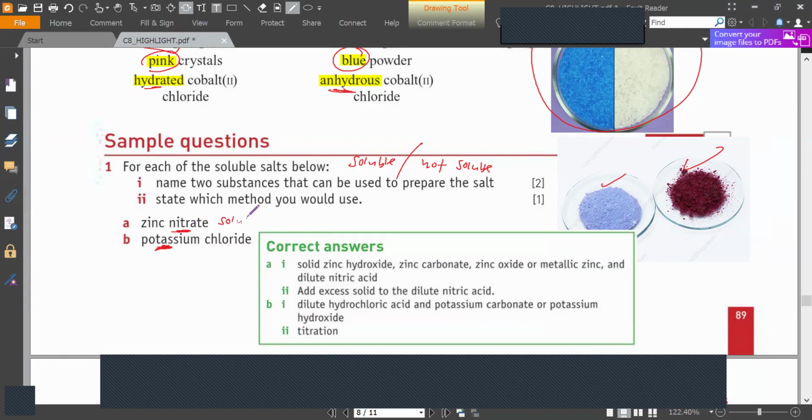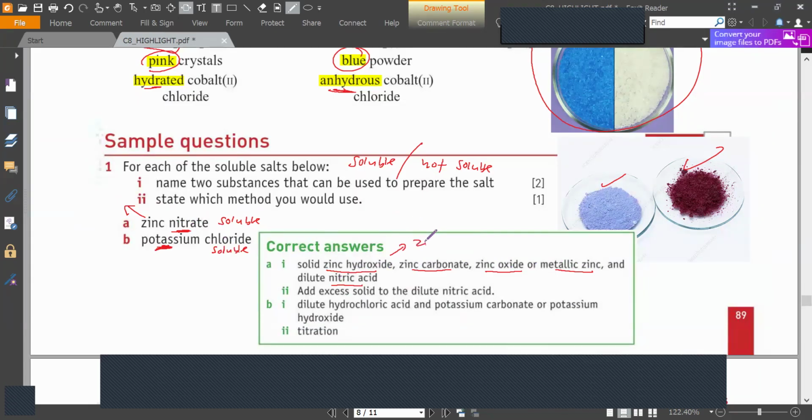So they are both soluble. For the zinc, we can use zinc hydroxide, zinc carbonate, zinc oxide, or metallic zinc, and then nitric acid.